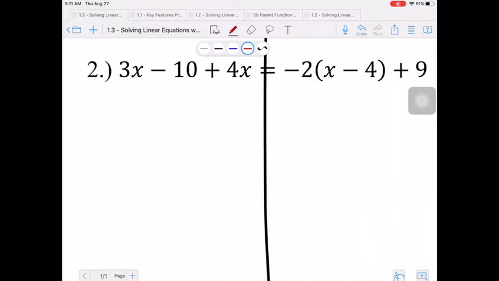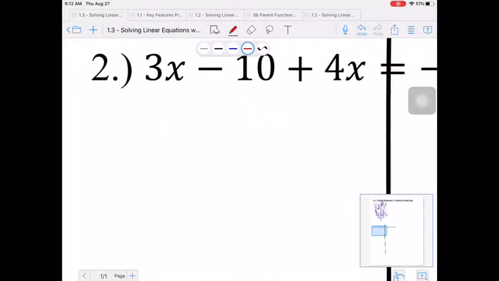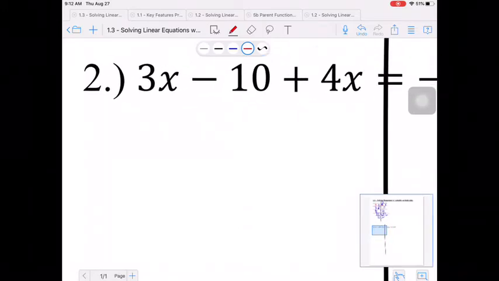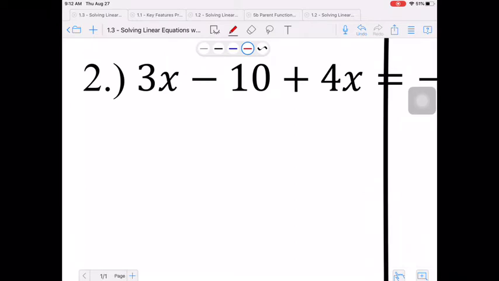All right, so I'm going to start with the left. On the left, there's no parentheses, which means that we do not have to use the distributive property. But I do see some like terms. I see the 3x and I see the 4x, which means that I can put those together into one.